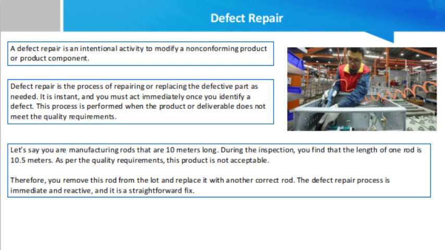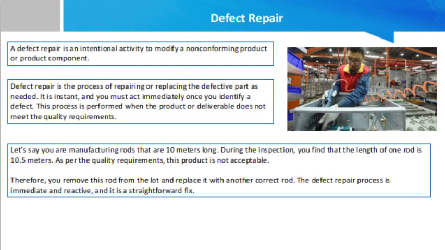It is a reactive process performed during the inspection by quality control personnel. Defect repair provides feedback so it can be used as a preventive and corrective action to stop errors from occurring again. When the product or deliverable does not meet the quality plans or requirements, the defect repair process should be implemented.